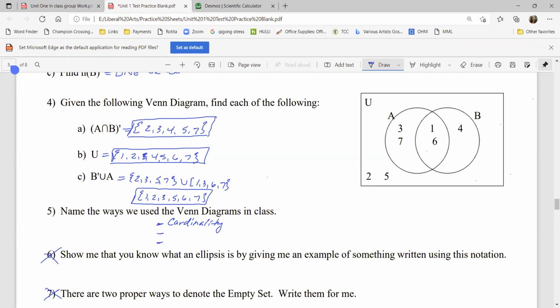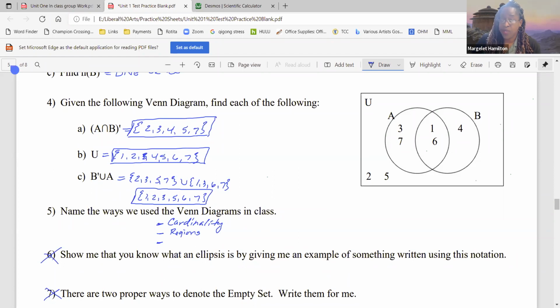Regions, to find the regions. And when we did regions, that's where our Roman numerals came in, right?